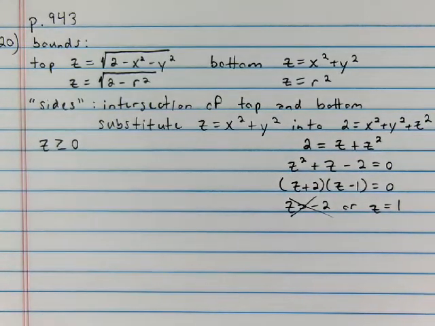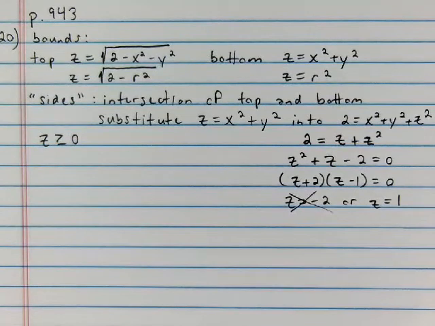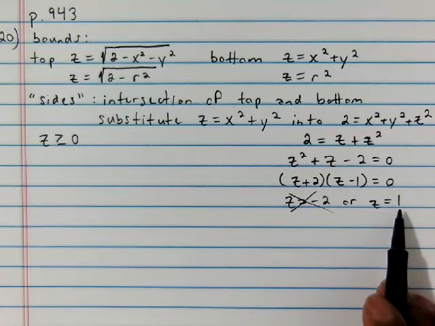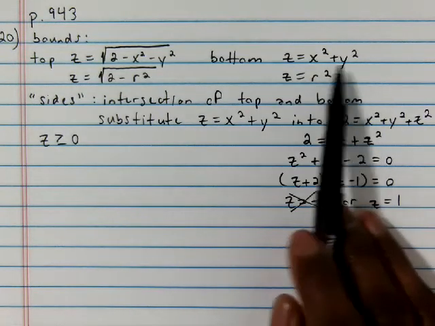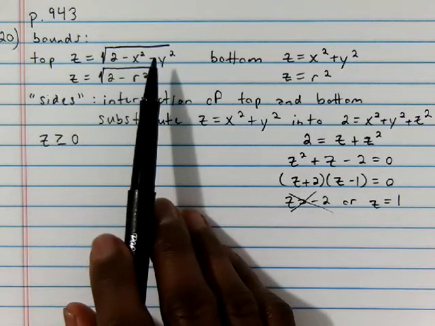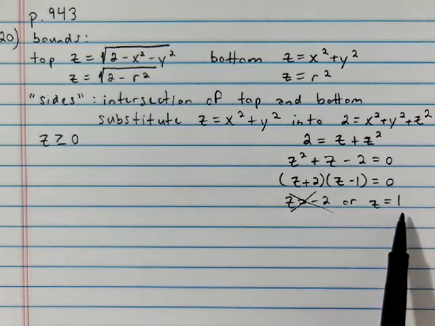Now, we're trying to get our sides. Z equals 1 is a height. That wouldn't give us our sides. So we need this to be in terms of x and y because we want to look at this in the xy plane. If you were to take this paraboloid and intersect it with that hemisphere, they would intersect at a height of z equals 1. But we want to know what that intersection looks like if we project it down into the xy plane.